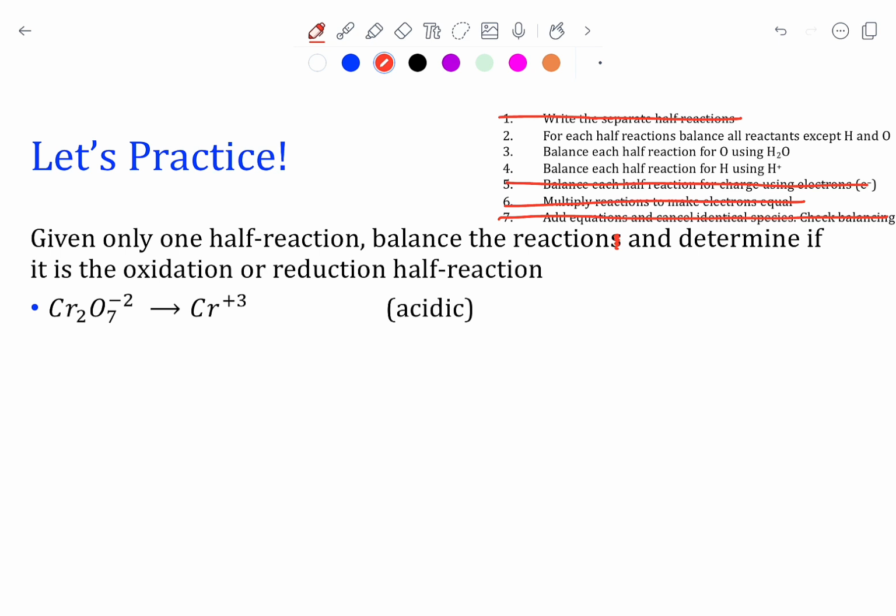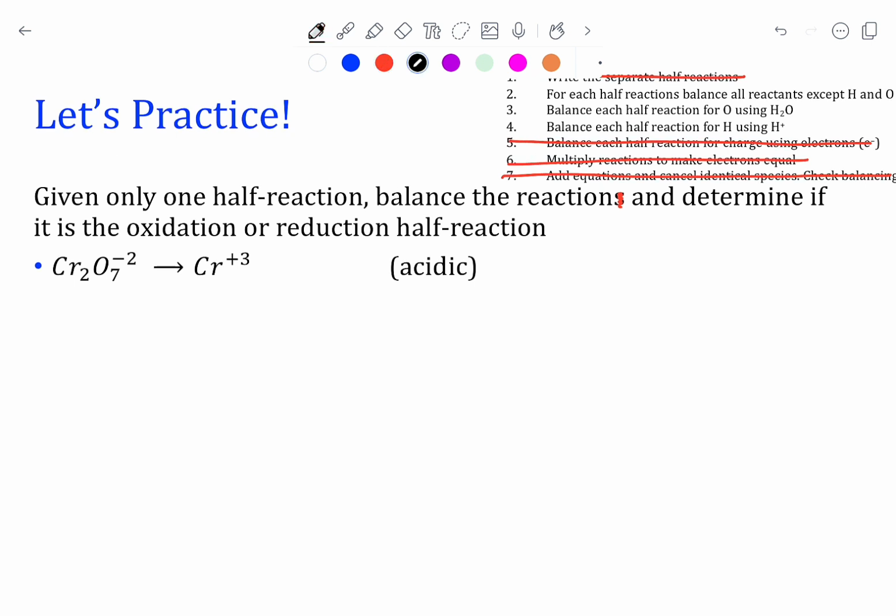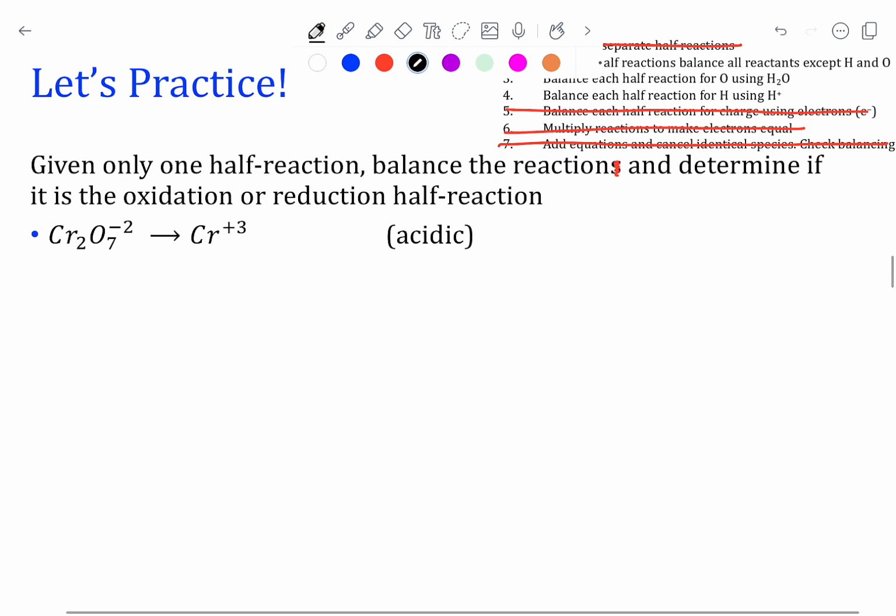So when we're only given one half reaction, we only have to do steps 2 through 5. I like to personally rewrite these half reactions so that I can put them more center and have more room on either side of my product and reactant to account for everything that needs to be added.